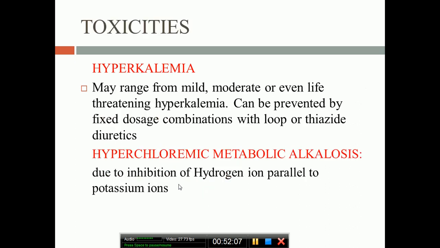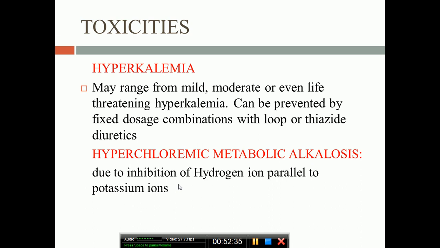Toxicities: since these are potassium sparing, they cause the potassium to remain within the blood, and they can affect the final concentration. So these can cause hyperkalemia, and this can range from mild to moderate or even life-threatening hyperkalemia.